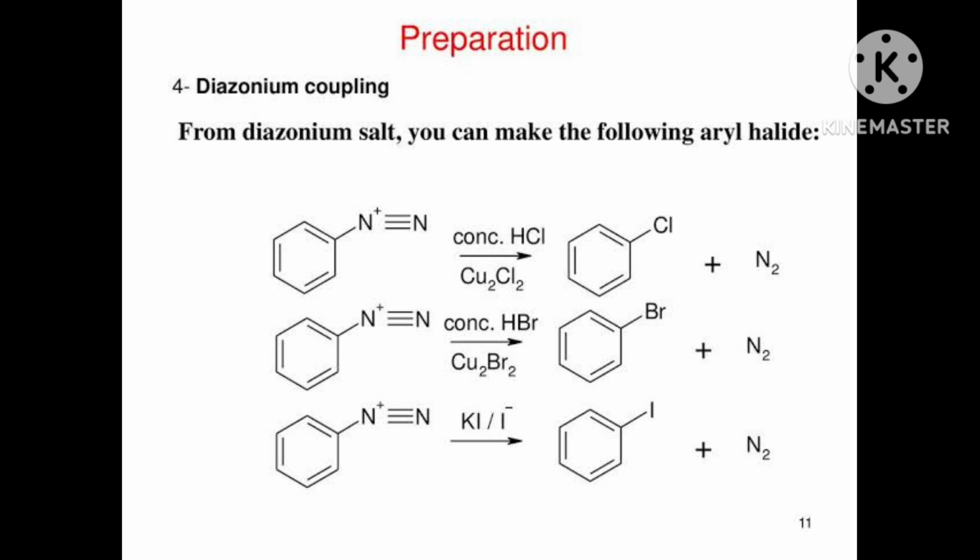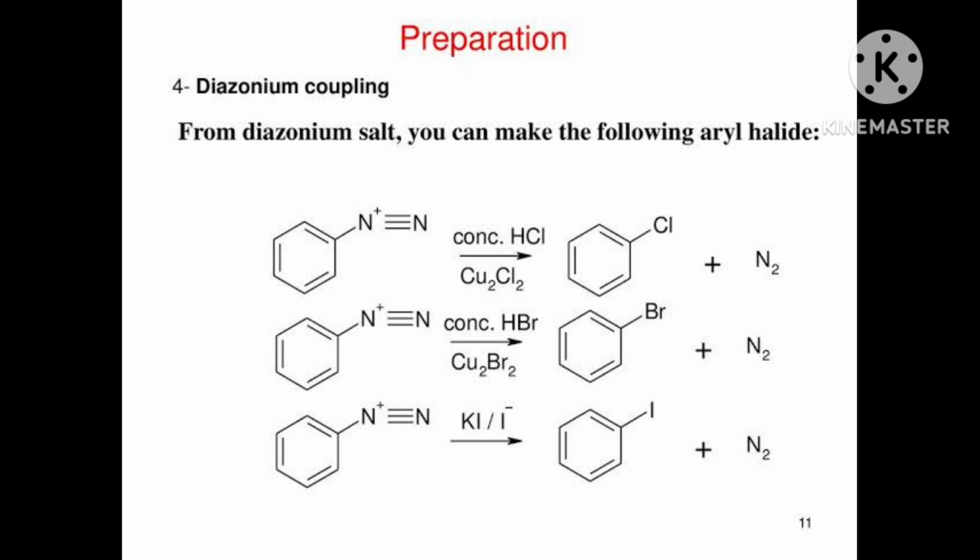And this N will now join with the NH2 of benzene. I am talking about this aniline, that was negative. Then that will join with N of NO2.